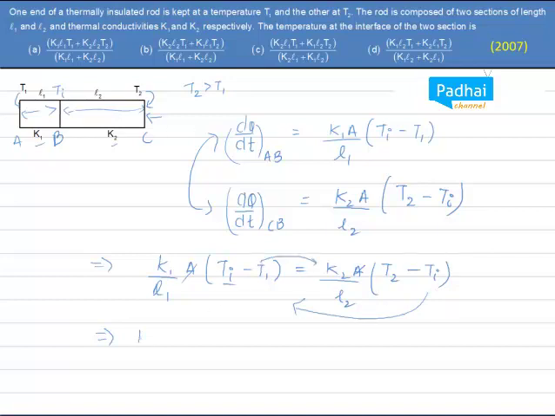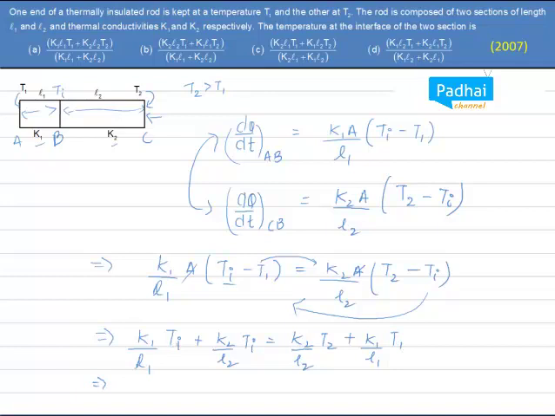So that means K1 by L1 Ti plus K2 by L2 Ti will be equal to K2 by L2 into T2 plus K1 by L1 into T1.